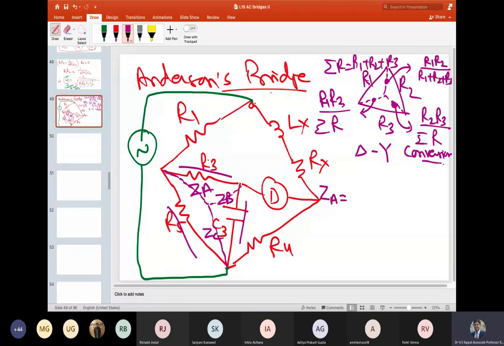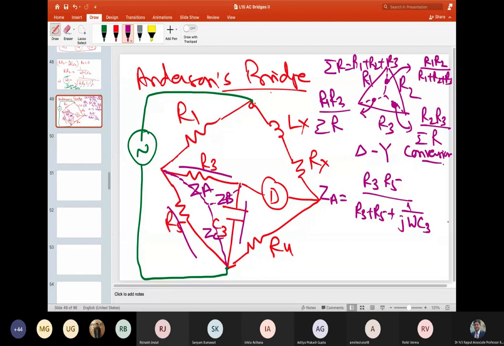ZA will be R3, R5 divided by sigma R. So what is sigma R? Sigma R will be R3 plus R5 plus XC3. So XC3 is 1 by j omega C3, correct?